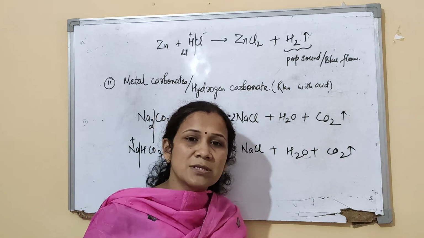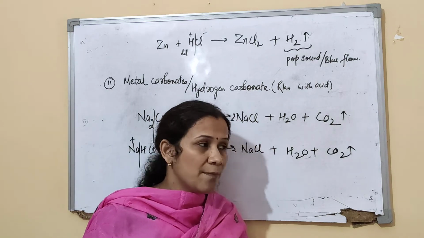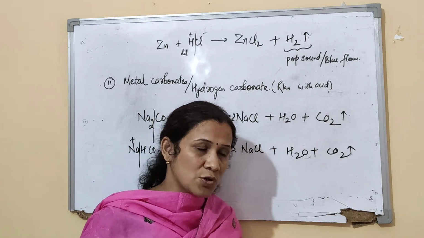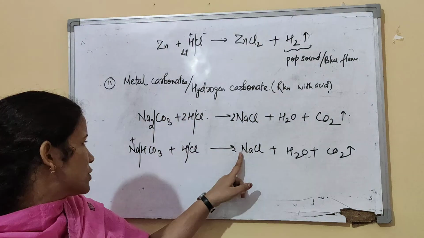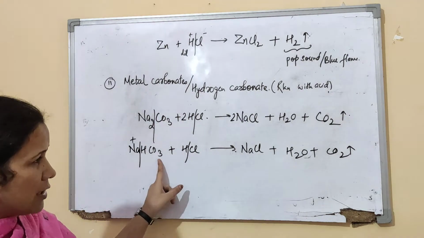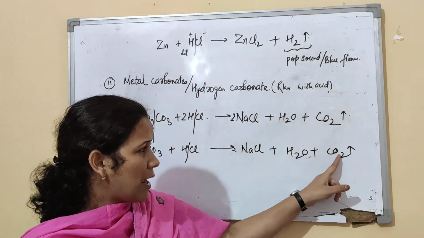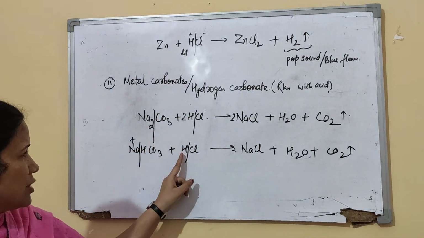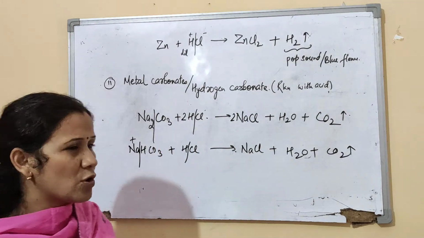So what is the difference? The difference is we have to check whether it is balanced or not. One sodium, one hydrogen, one hydrogen, so two hydrogen. Carbon 1, oxygen 1 and 2, 3 oxygen, hydrogen is 2, 2. So it is already balanced.